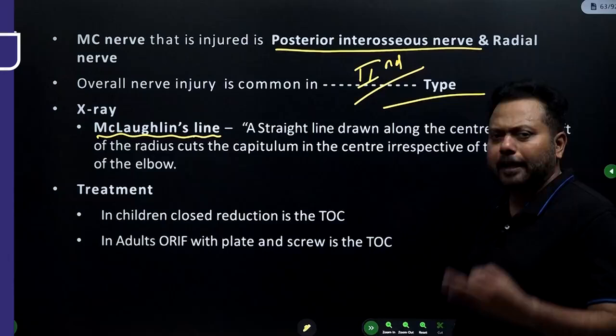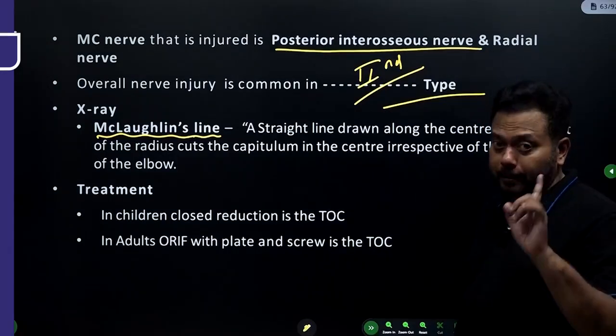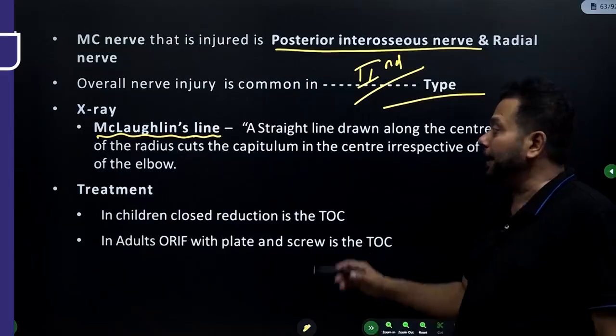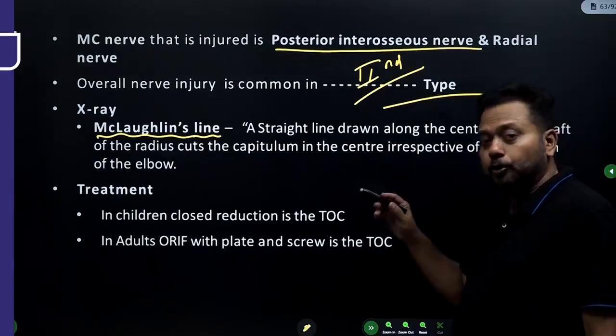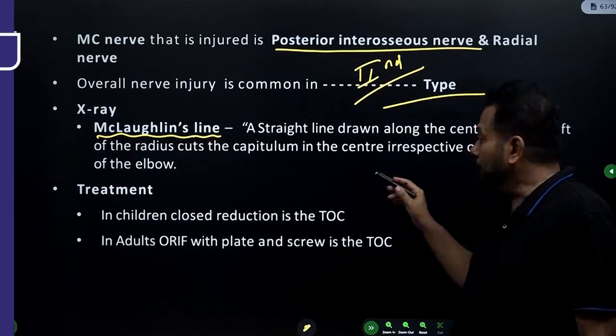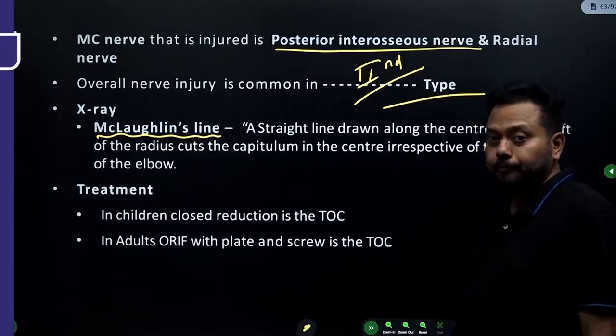What is McLaughlin's line? Very simple. A fracture is there in the ulna, dear friends. A straight line drawn along the shaft of the radius should cut the capitulum in the center irrespective of position of the elbow.